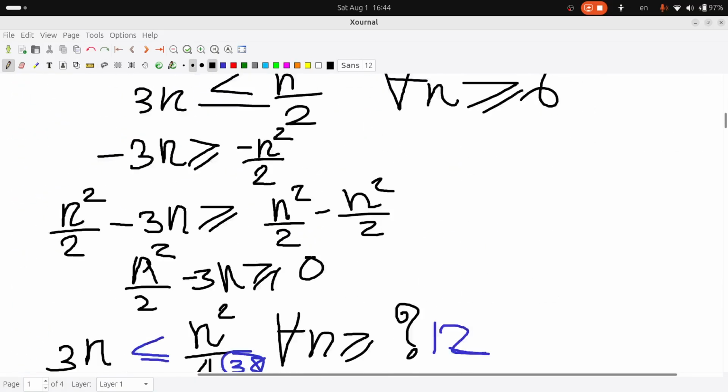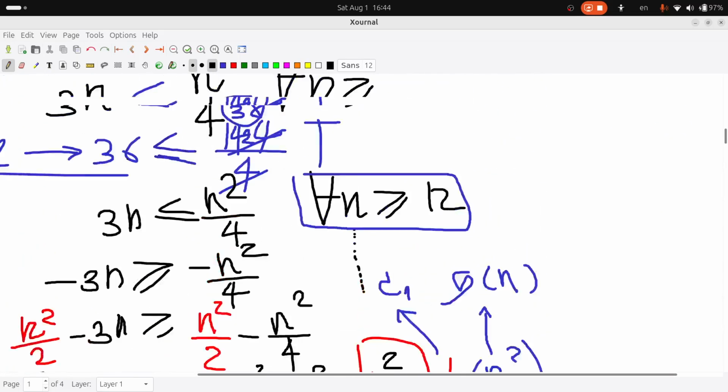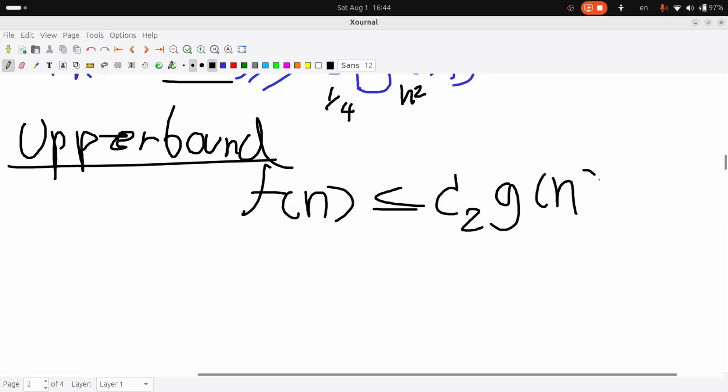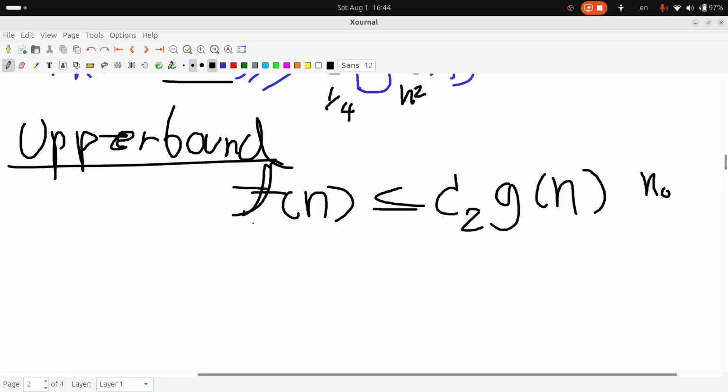This one will be easier than the lower bound one, because I will show you. So we write Fn is less than or equal to C2 Gn. And our goal is the same. Our goal is to find the constant C2 and n0, the starting point, so that this inequality will be true.